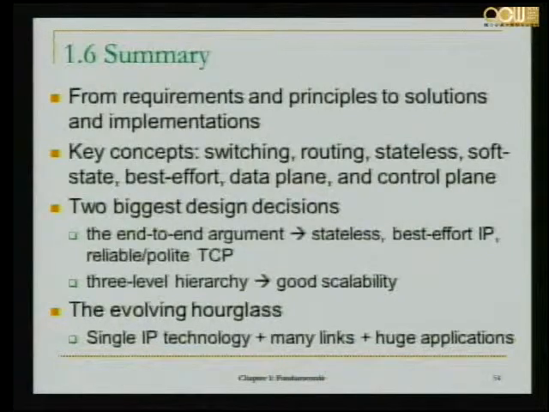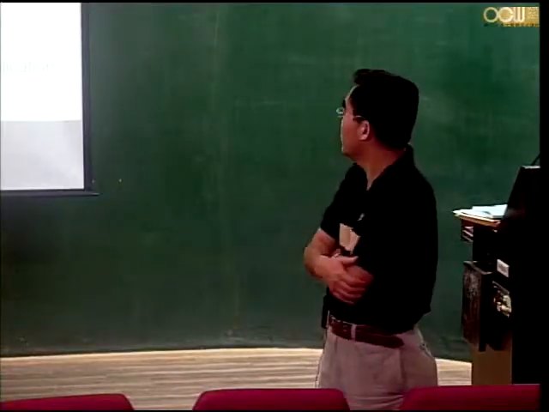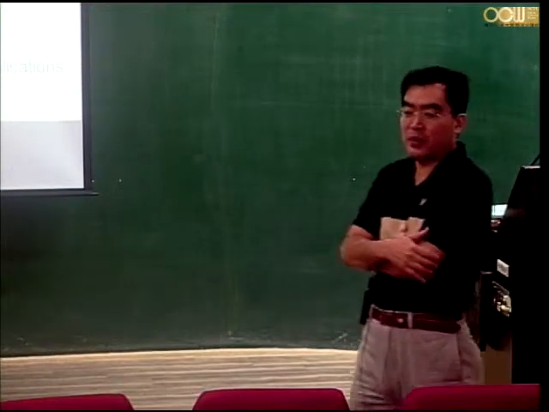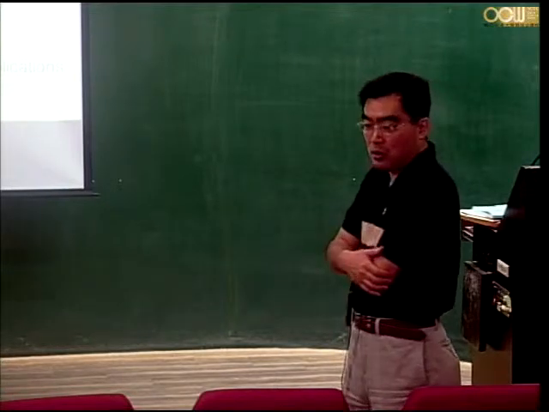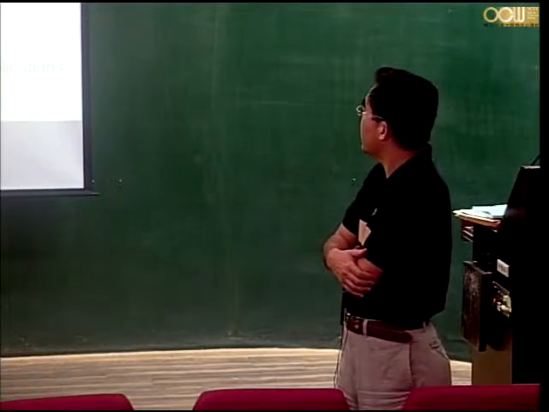In turn, that will push the complexity to the end host while keeping the core network simple. So then you will have a stateless core, or stateless IP layer. It means the same thing. Stateless core network or stateless IP layer. And then best effort IP.